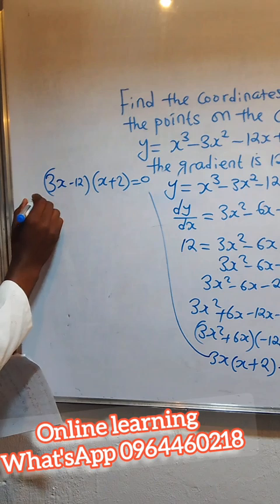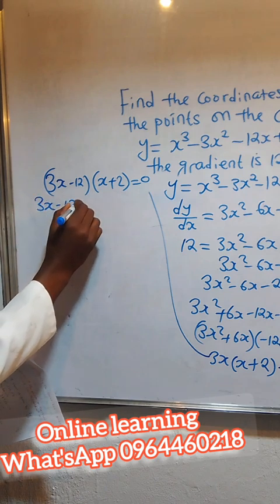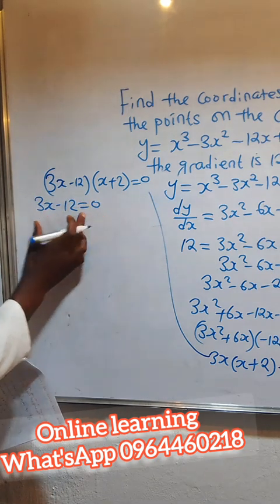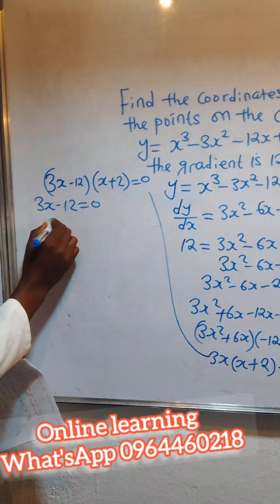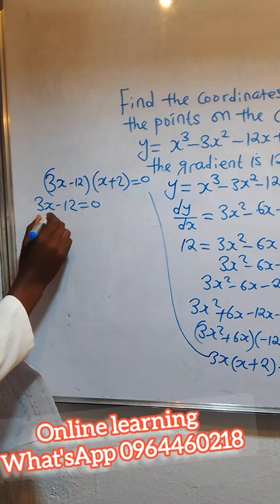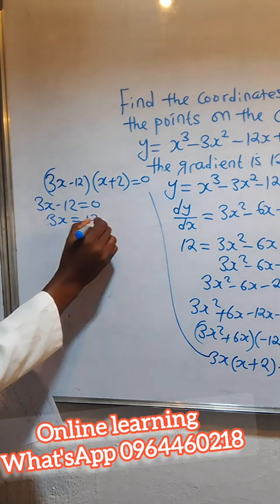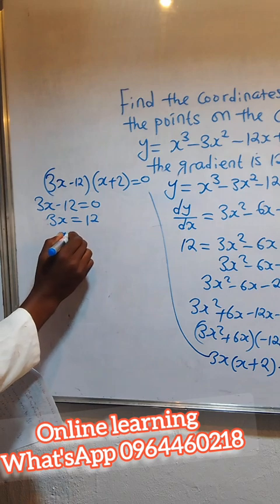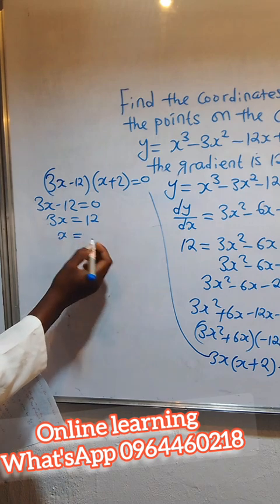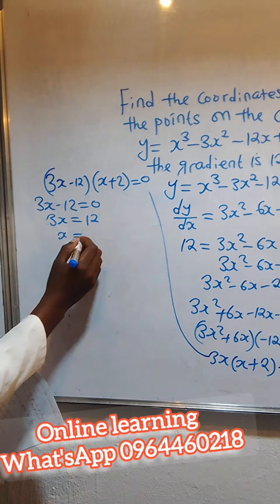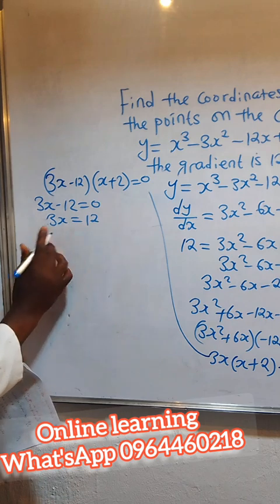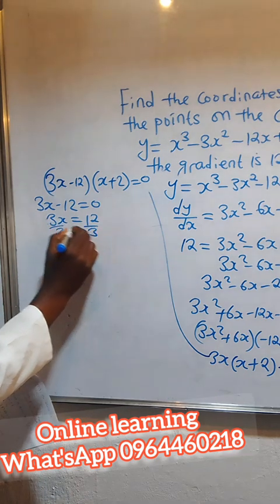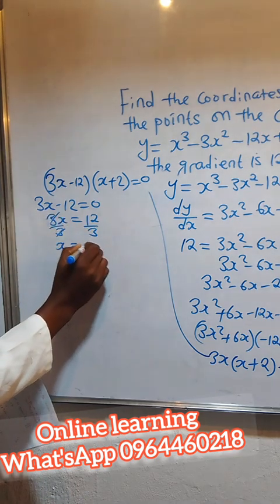From there, we can say 3x minus 12 equals 0. Then we solve for x. So 3x equals 12, and then dividing both sides by 3, our x is just 4.